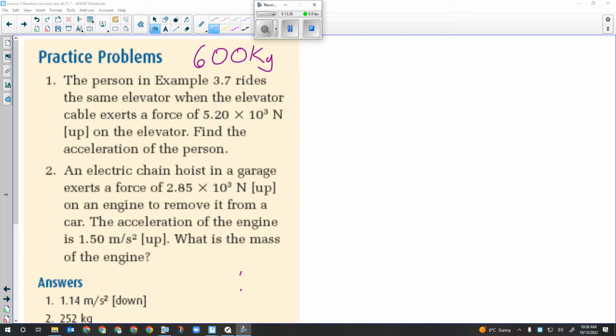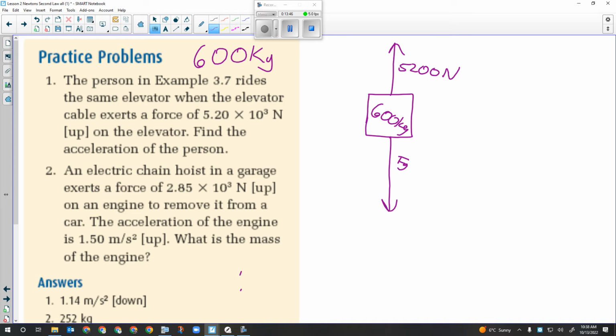In question number 1, all they've done is change the tension that's pulling up on our 600 kilogram elevator. Now the force upwards is only 5,200 newtons instead of the 6,500 it was in the first example. This number here is still the force of gravity, and because we haven't changed planets or elevators, that number hasn't changed. It's still 5,886 newtons. Now which way is the elevator going?